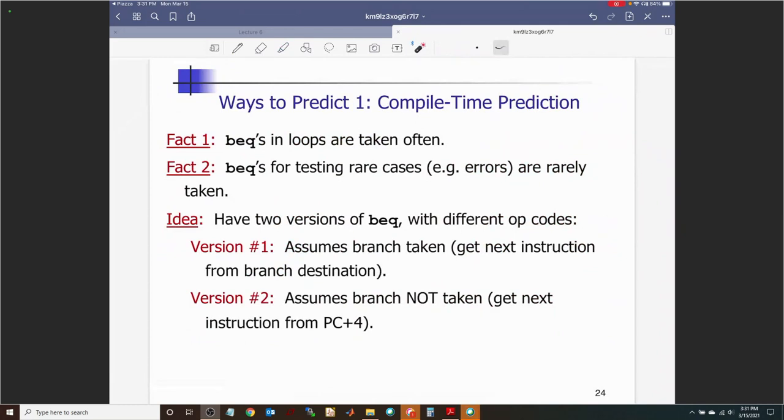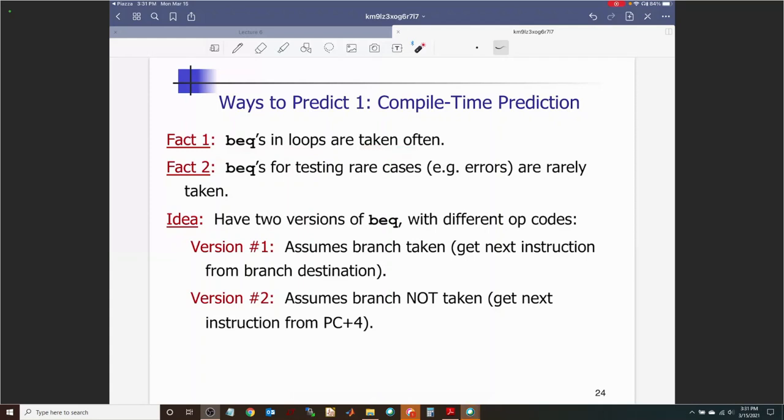Now, as I said, prediction should be based on history, and it should also be based on some facts, right? So let's take a look at a couple of facts here that are sort of general. Branch when equal instructions, when they appear in loops, those branches are taken often.